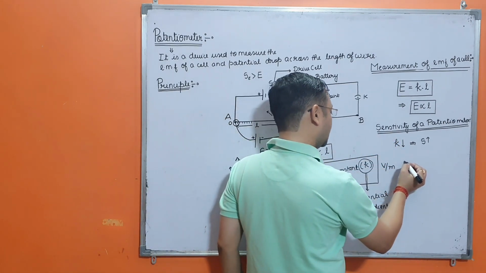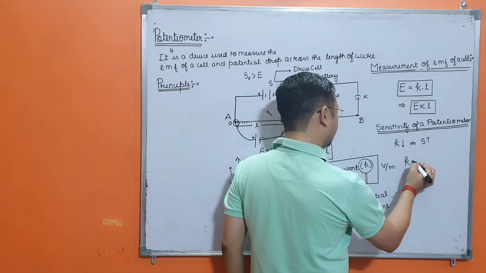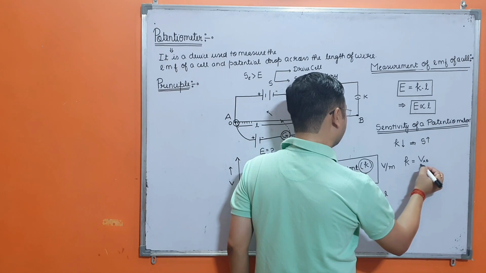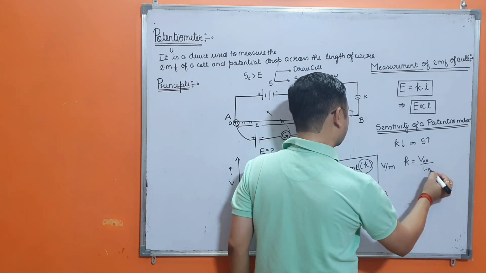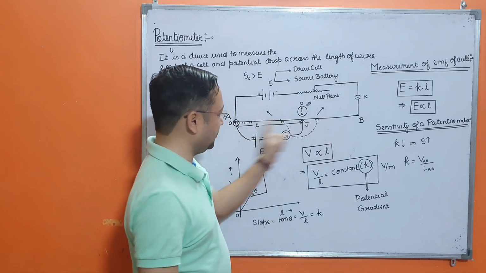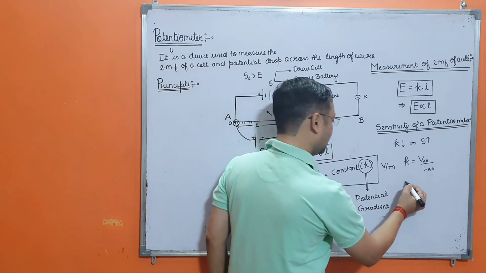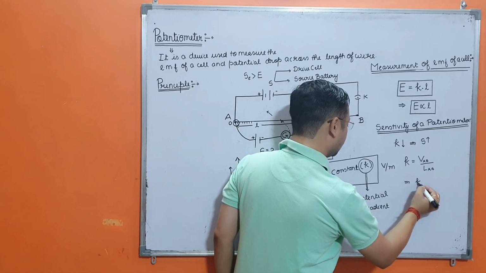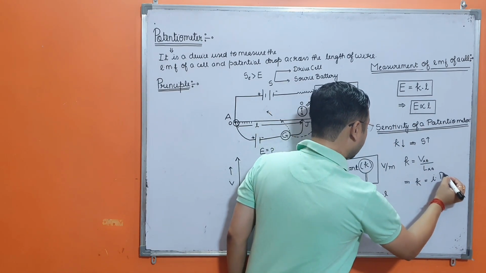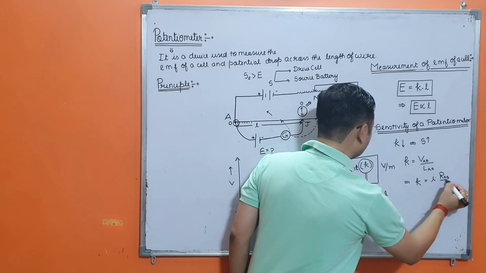Now, the gradient is potential drop per unit length. Let us consider the potential drop over the whole length of the potentiometer wire divided by the length of the wire, K = VAB/LAB. VAB can be written as I times RAB, where I is the current delivered by the driver cell and RAB is the resistance of the potentiometer wire.